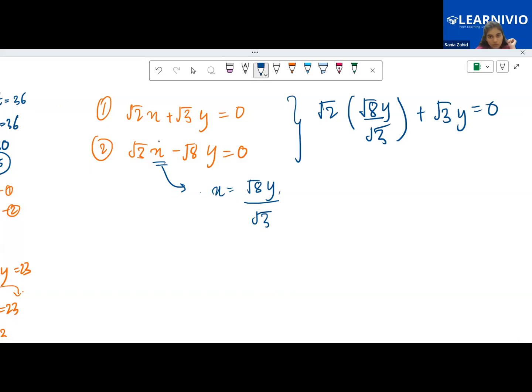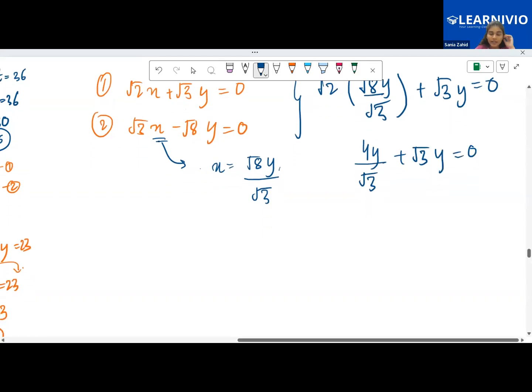Root 16. And root 16 is equal to 4. So can I write it as 4y? Yes. So it becomes 4y by root 3 plus root 3y is equal to 0.